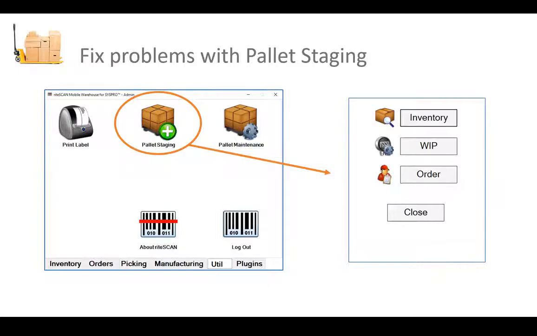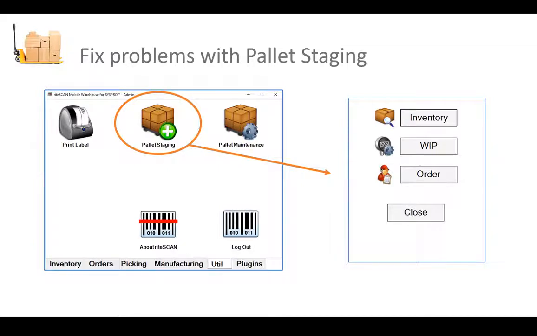What pallet staging allows you to do, there are 3 different methodologies that we're going to take a look at: inventory, WIP, and order processing. Inventory is staging a pallet to view or adjust any materials on an existing pallet, or maybe I just want to build a pallet to move to a new location, whether it's a warehouse or a new bin location.